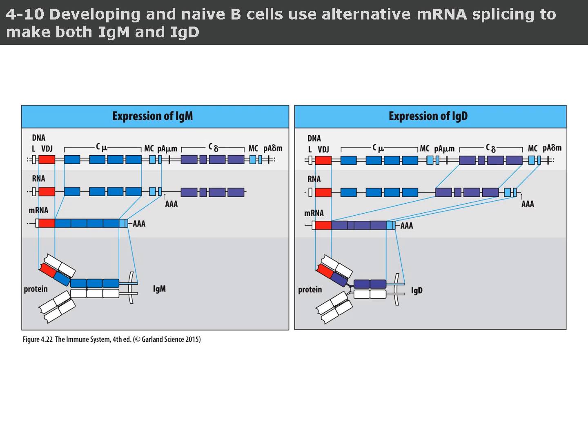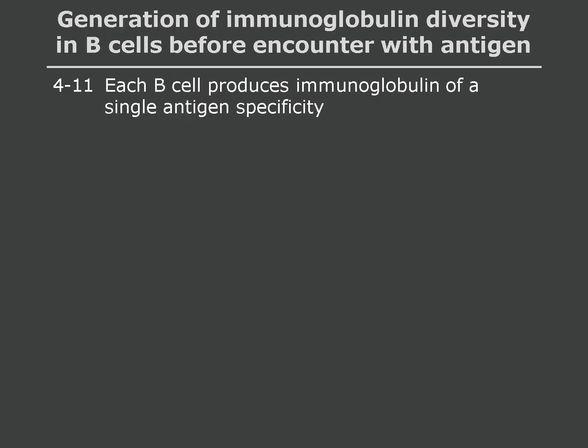Only the constant region changes, allowing the B cell to produce two different immunoglobulin classes with identical specificity. Each B cell produces immunoglobulin of a single antigen specificity.